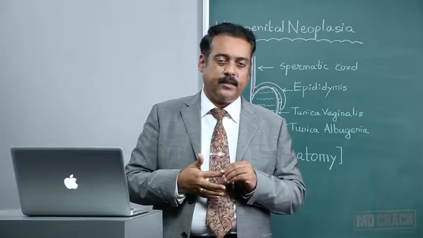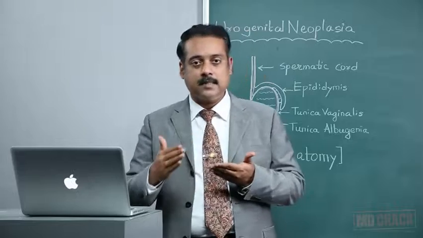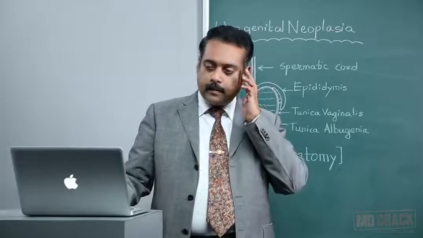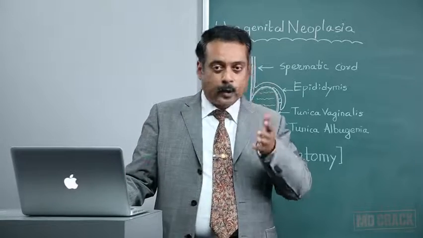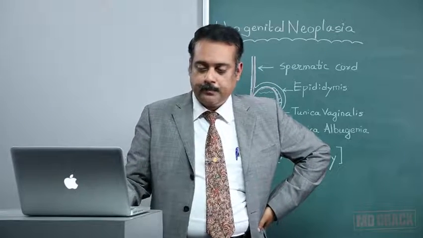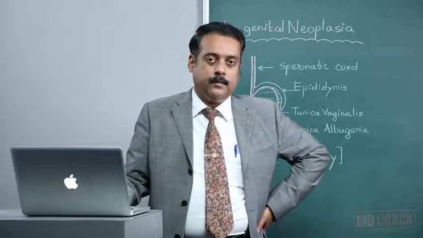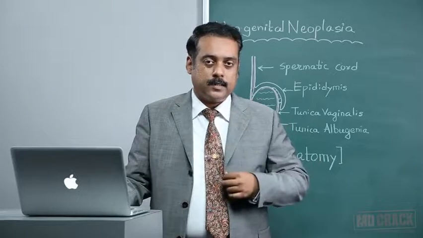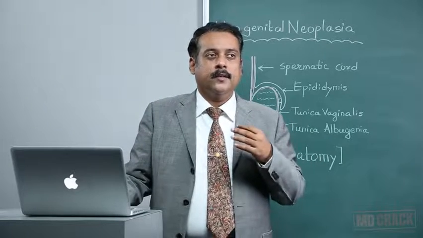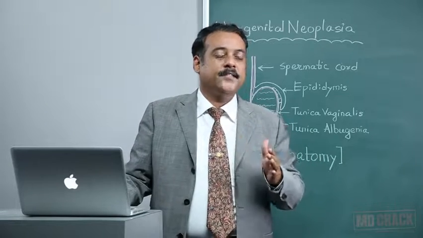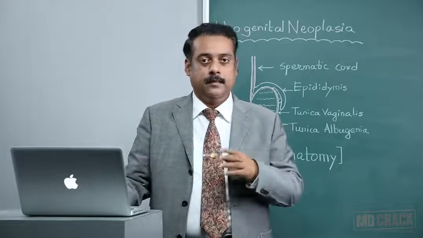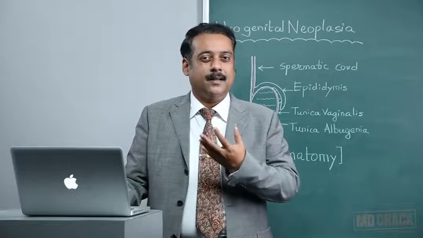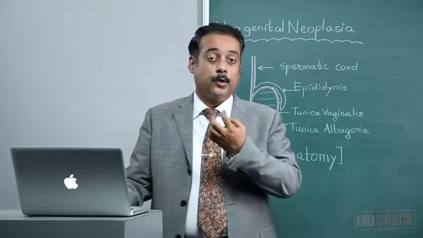Epididymo-orchitis, inflammation of the epididymis as well as the testis, can also mimic malignancy. Hematoma in a post-traumatic scenario, and very rarely a pyocele. But in pyocele, the patient will have fever and acute pain, which classically differentiates it from testicular pain, because testicular pain is basically a dragging type of pain, not per se due to malignancy.